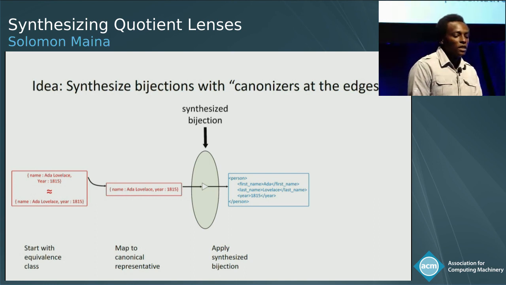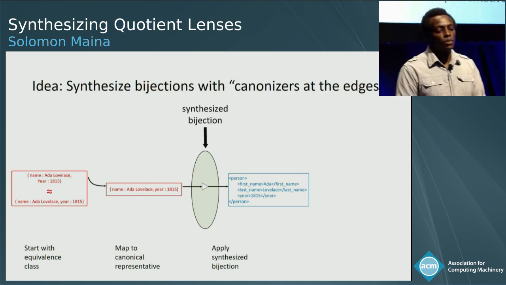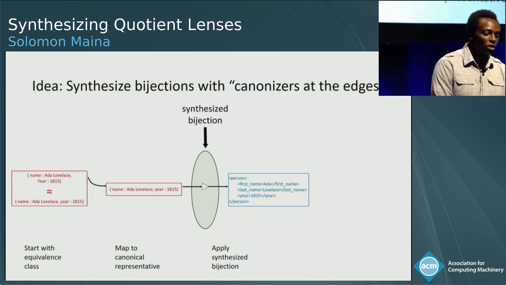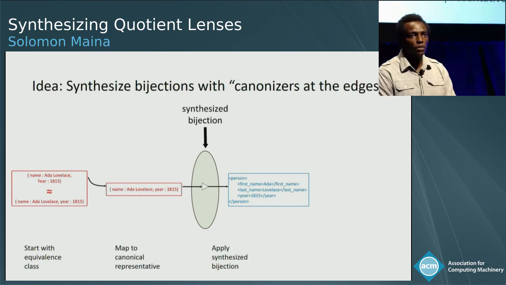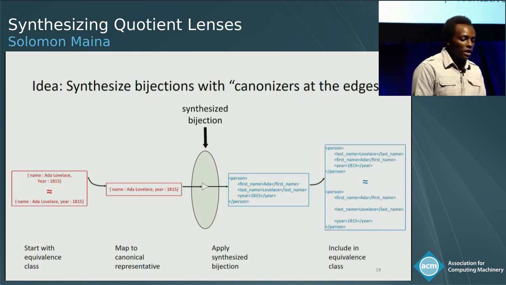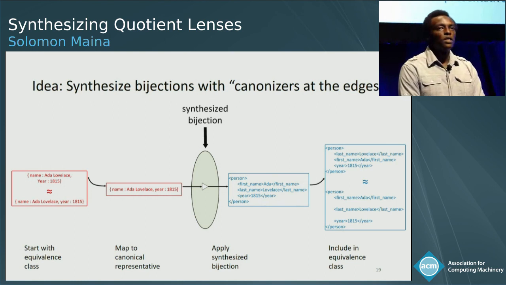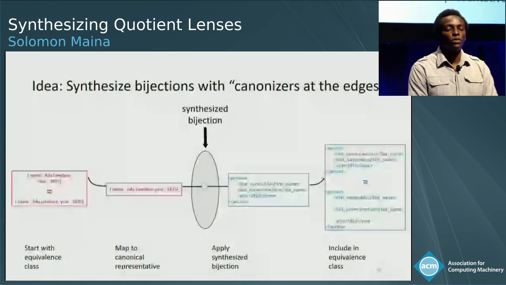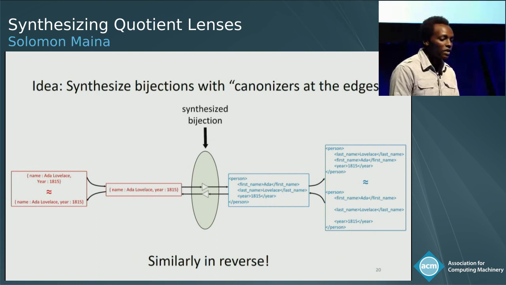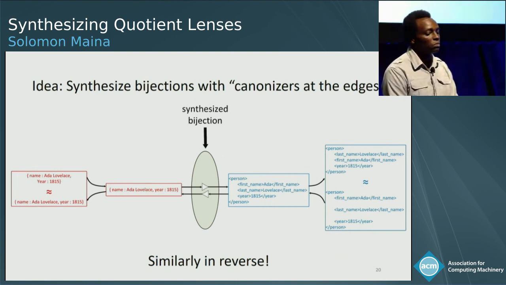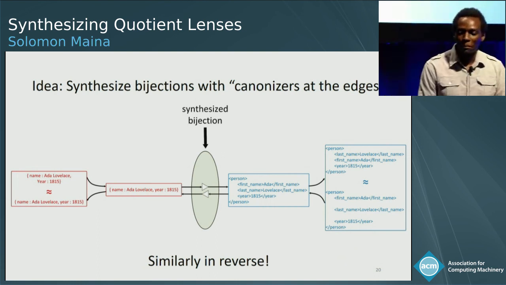We apply the forward transformation of the synthesized bijection, and then we get a canonical representative of an XML equivalence class. And then we simply include the canonical representative in the equivalence class. And similarly in reverse, so simple idea.